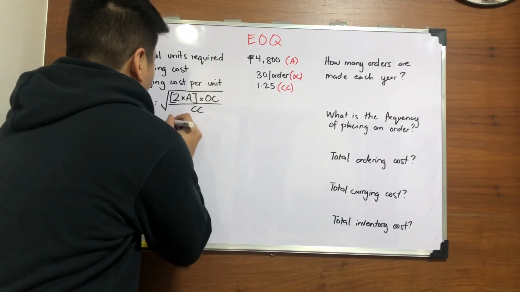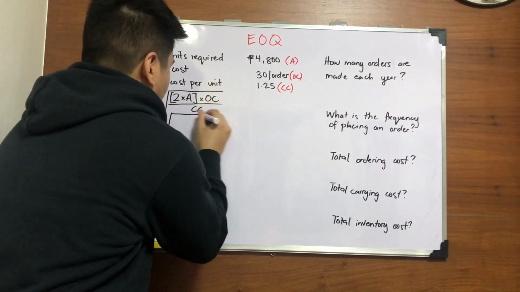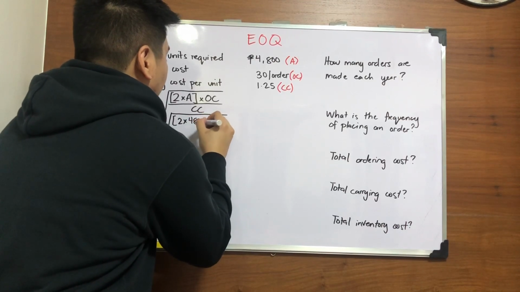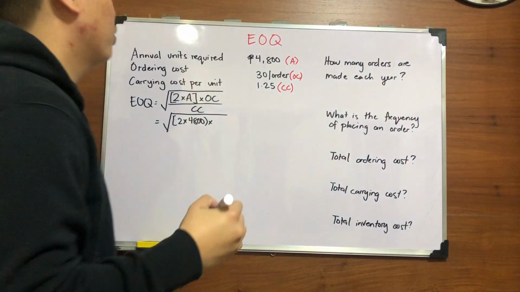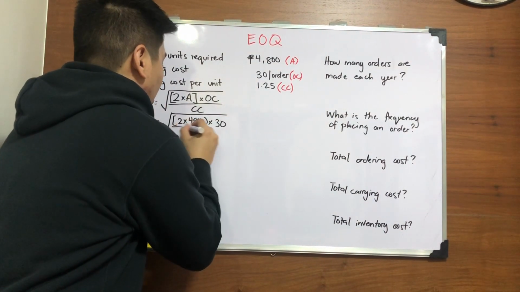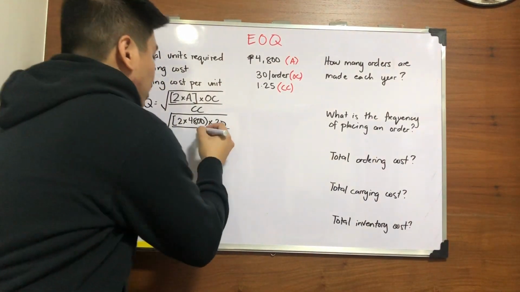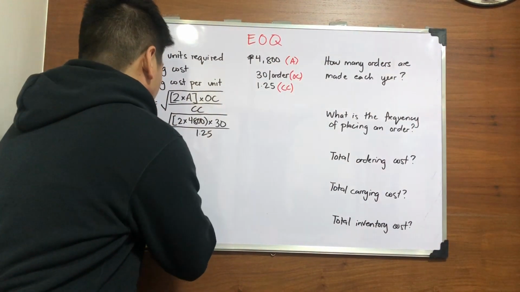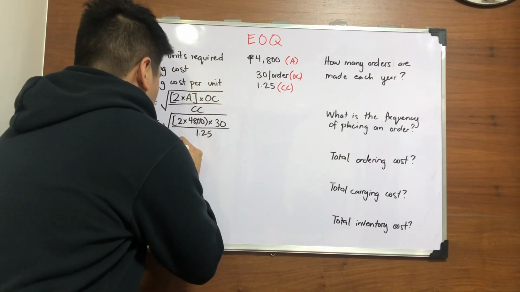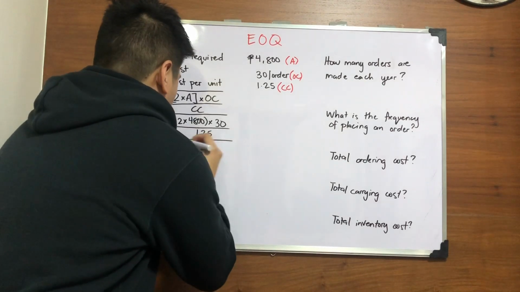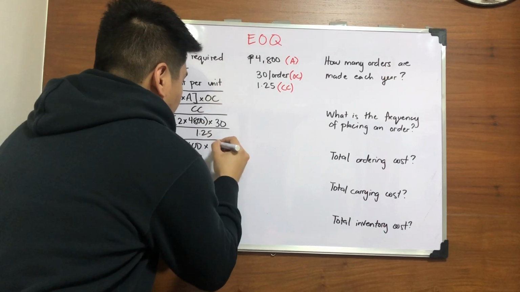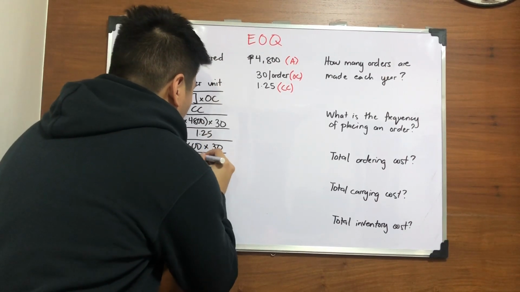So EOQ is equals to the square root of 2 times 4,800, your annual units, times your ordering cost of 30 pesos, all over your carrying cost per unit, which is 1.25. So let's multiply first 2 times 4,800. It is 9,600 multiplied by 30 all over 1.25.